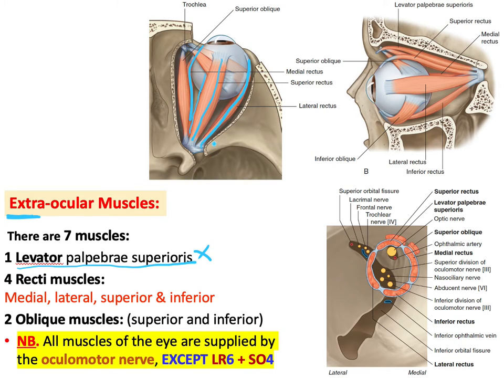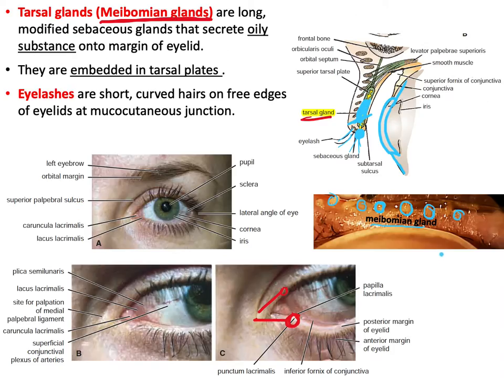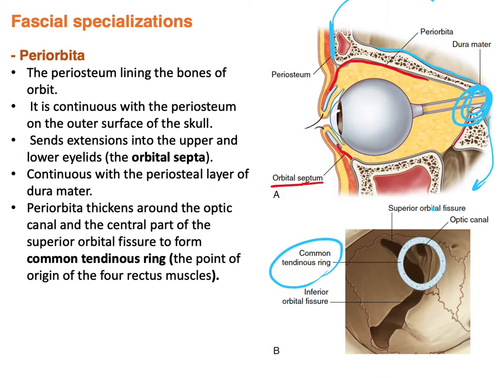So these muscles, the recti muscles, first of all, the origin of these muscles come from the common tendinous ring. Do you remember? This is the common tendinous ring. Let me remind you with that. This is the common tendinous ring formed by a thickening of periorbita posteriorly, right?